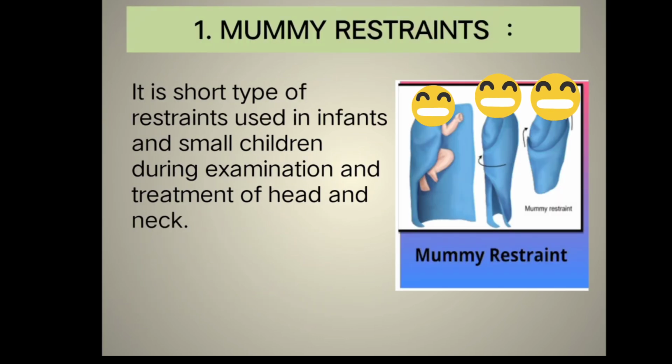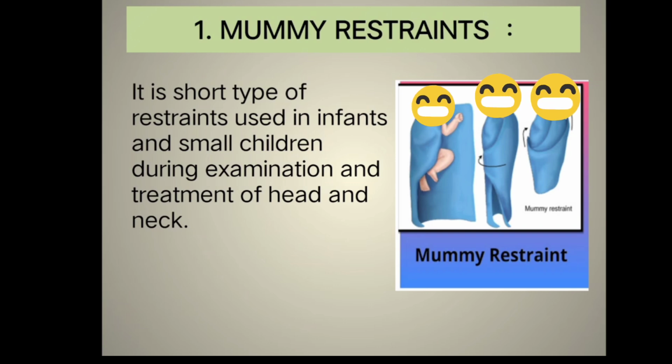It is a short-term type of restraint used in infants and small children during the examination and treatment of the head and neck. During examination of the head or the neck, we can apply this mummy restraint in order to prevent the movement of the extremities.